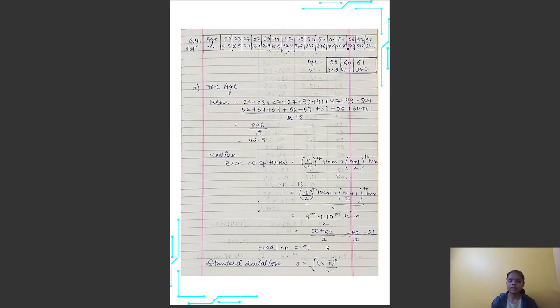Now to calculate the standard deviation, we should know the mean. As we already calculated the mean, now we have to subtract the mean from the data points given in the question. We subtract each data point from the mean, and then square x minus x bar.